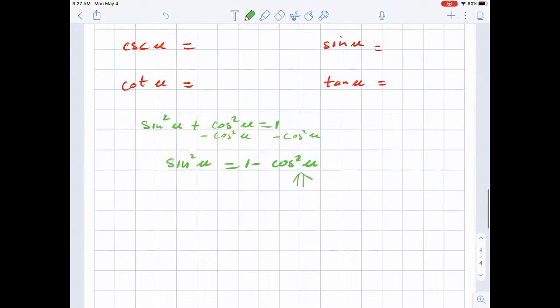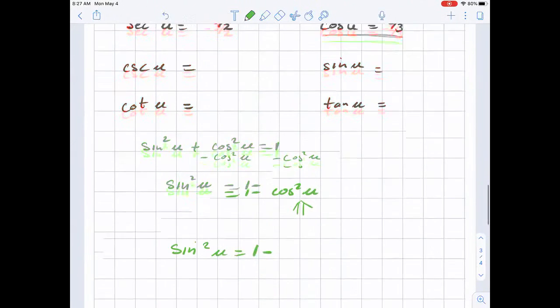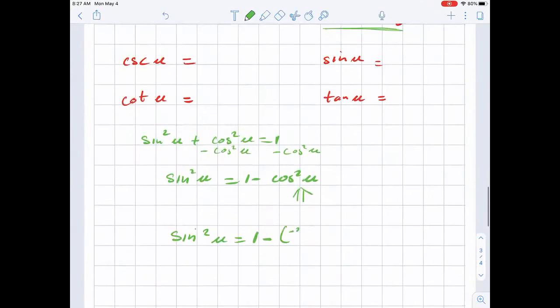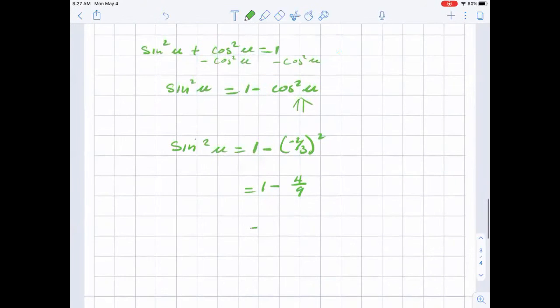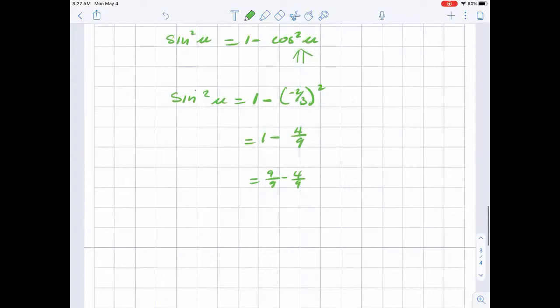So we can say that sine squared u is equal to 1 minus 2/3 squared, which is equal to 1 minus 4/9, which is 9 over 9 minus 4 over 9, which is equal to 5 over 9.